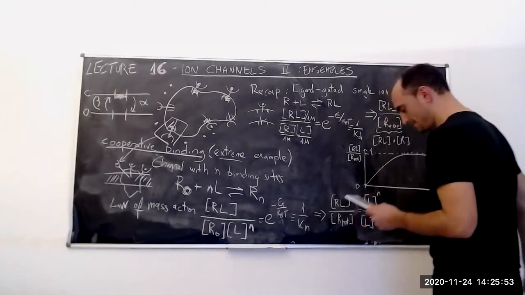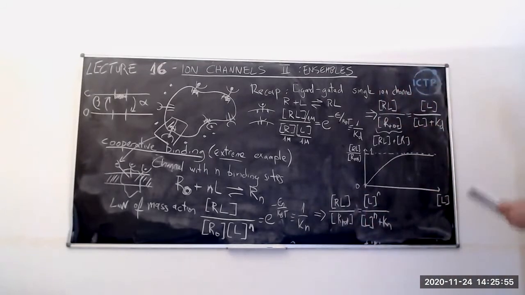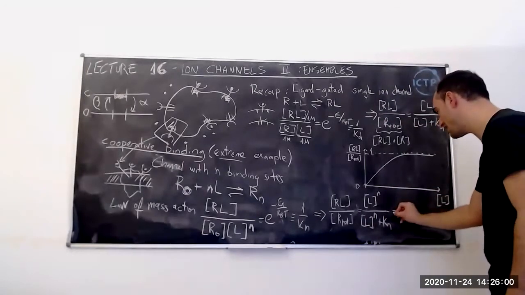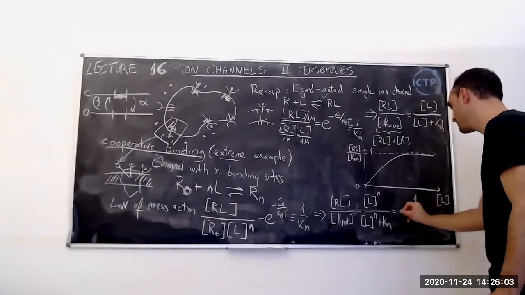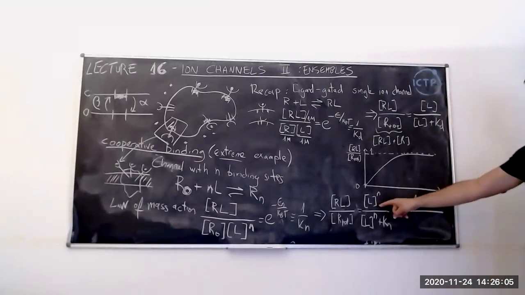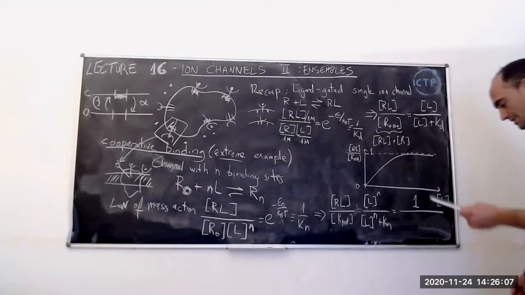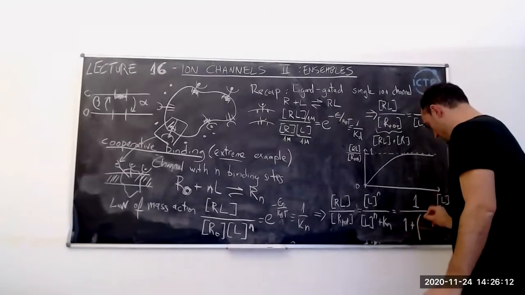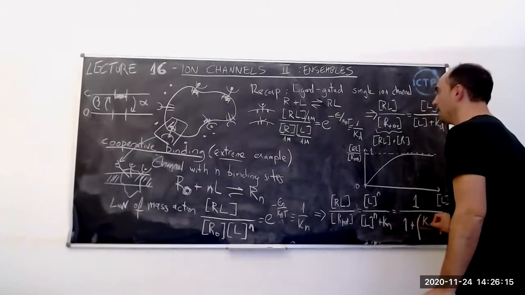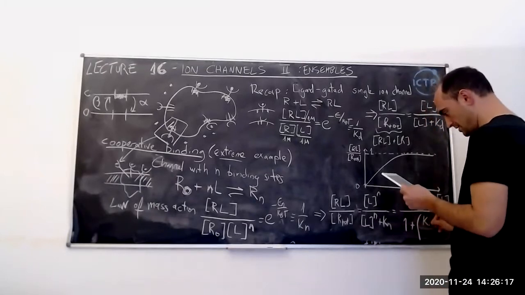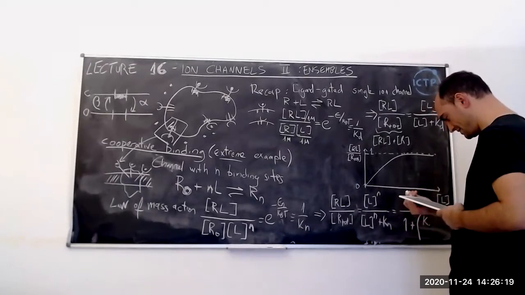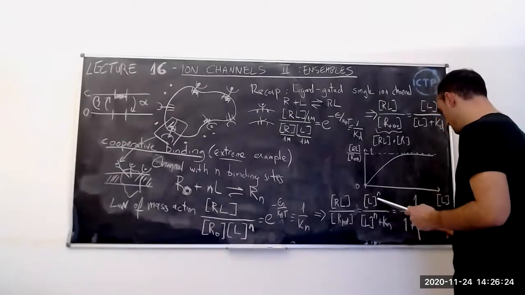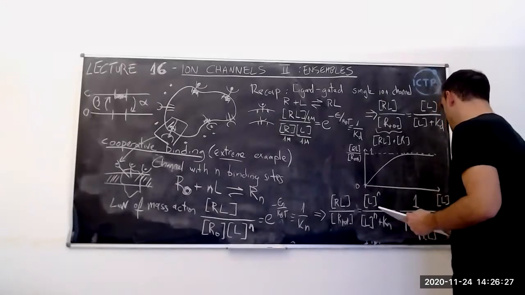So the only difference is this n, and you can also write this equation as 1 divided by 1 plus Ka, sorry, Ka. Before I was calling this Kd. Ka, this is the way the book uses the notation, over L to the power n.